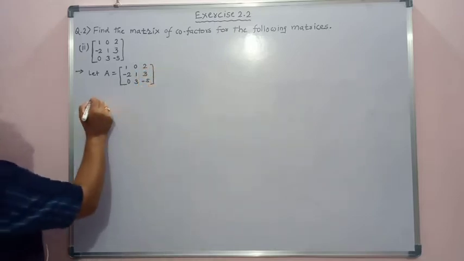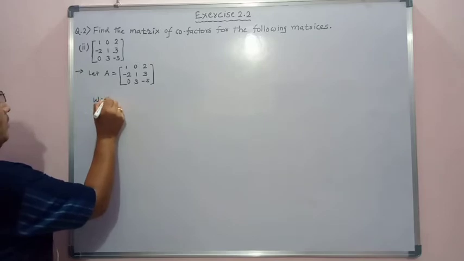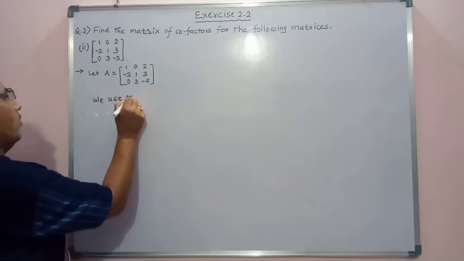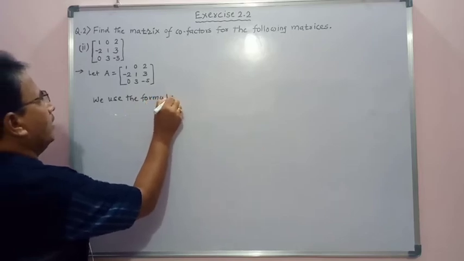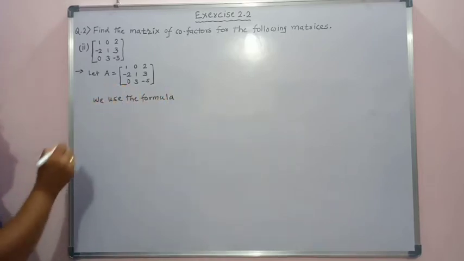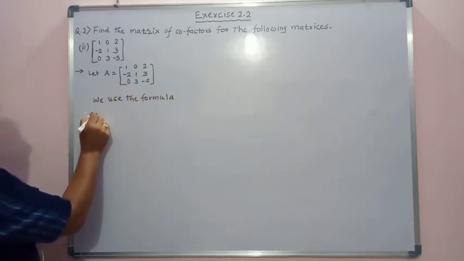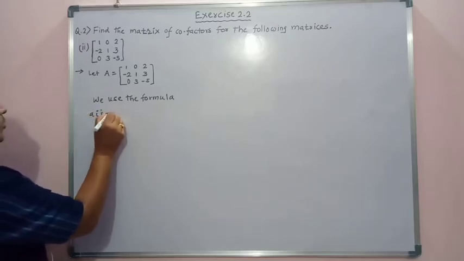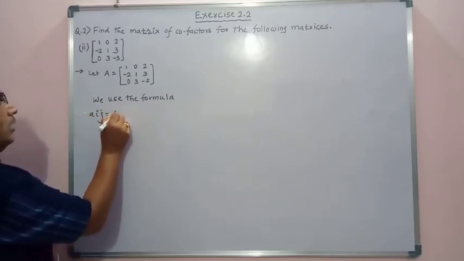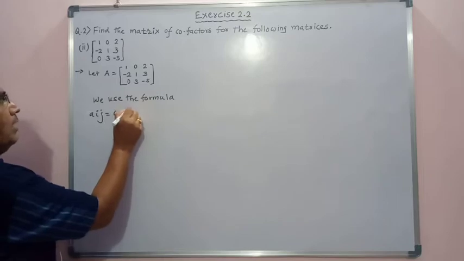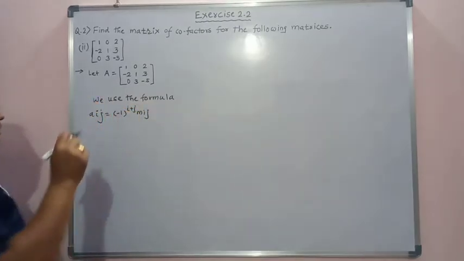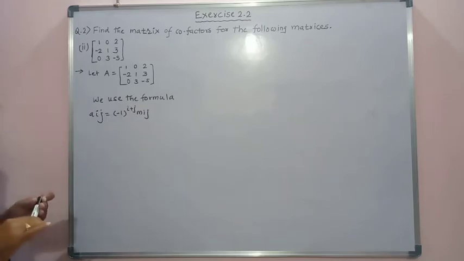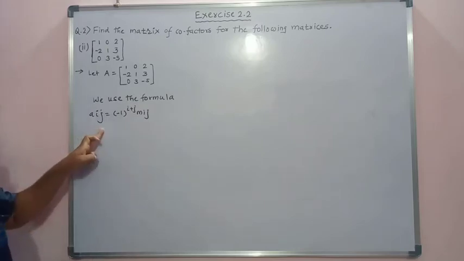We use the formula to find the cofactors. The formula is Aij equal to minus 1 raised to i plus j into Mij. Here i means row, j means column.